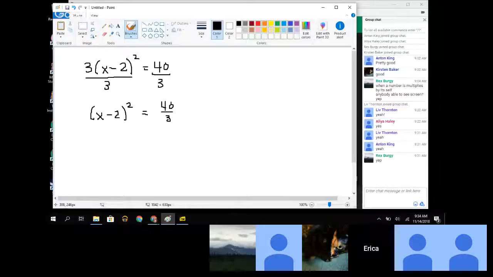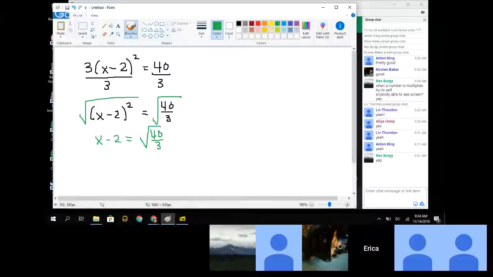Then we take the square root of both sides, and when you take the square root of x minus 2 squared, these cancel out and you're left with x minus 2 equals the square root of 40 over 3.